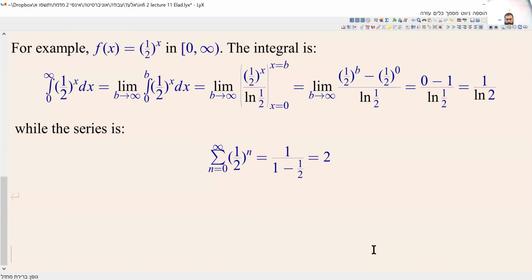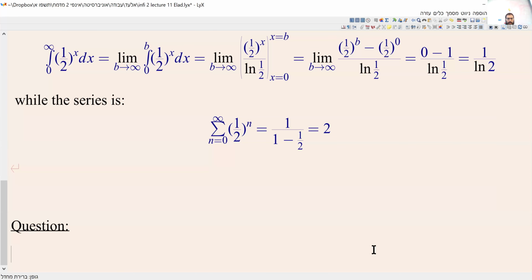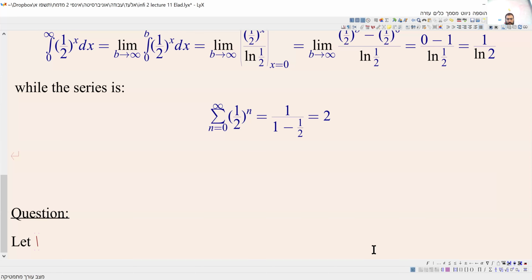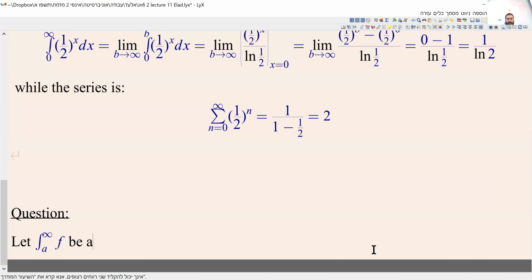Let the integral from a to infinity of f be a convergent improper integral.